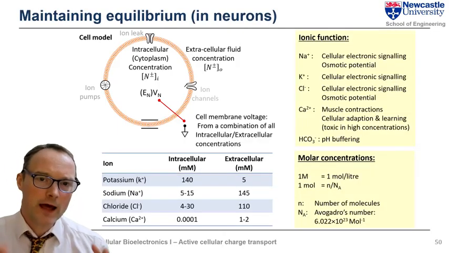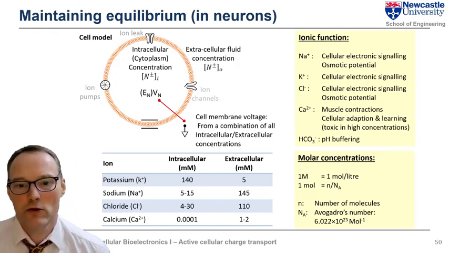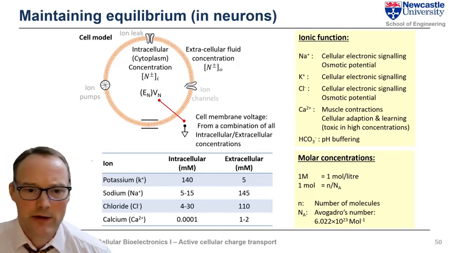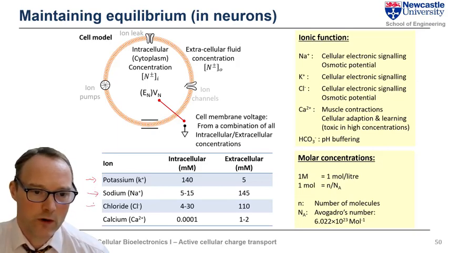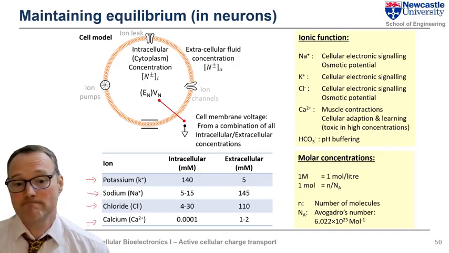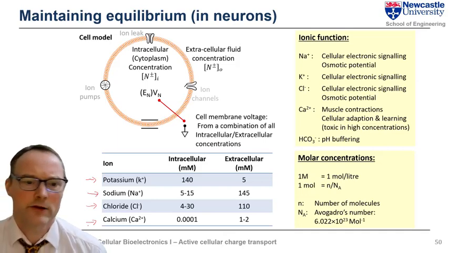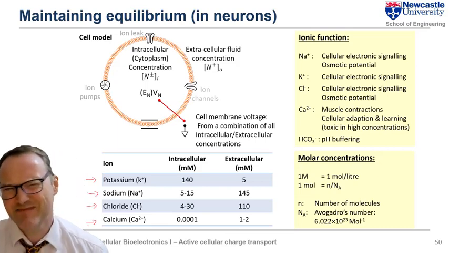Now, for the Nernst potential, you can do some calculations for particular cells, and you'll get something like this. You can do a calculation for different concentrations, and the primary ions are potassium, sodium, chlorine, and calcium. Calcium, not so much.